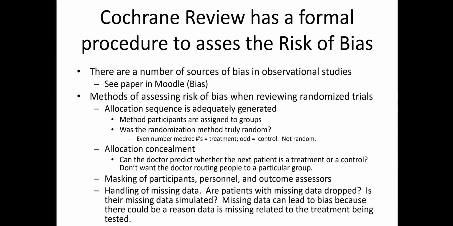So, if you end up with only people who felt like the treatment was working, then the treatment is going to get a pretty good outcome measure. But all the people that dropped out said it didn't work, and their outcomes would have been bad, so the treatment may not have been effective. So missing data and considering how data is handled is a very important part of reviewing a paper.